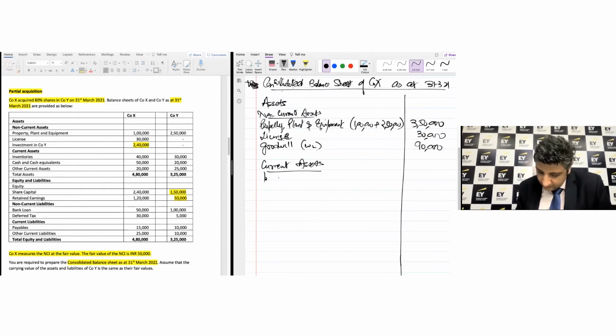Which are inventories, 40 plus 30, that makes it 70,000.